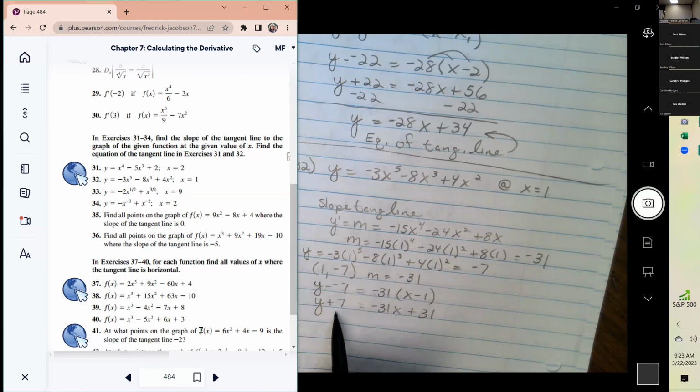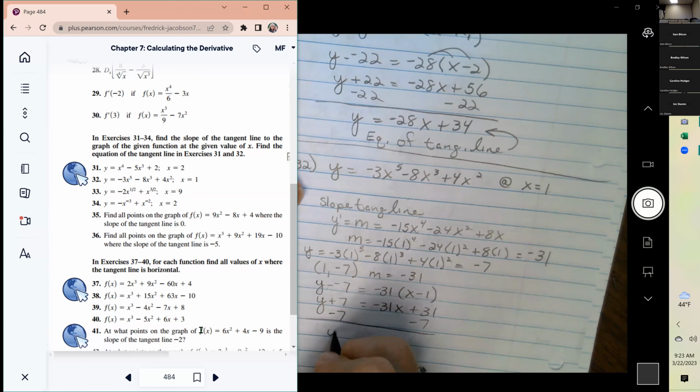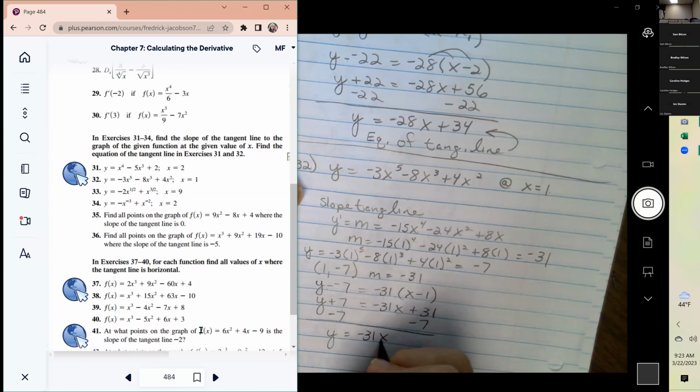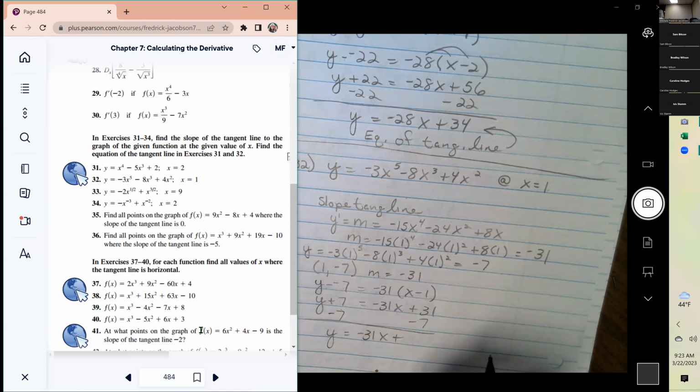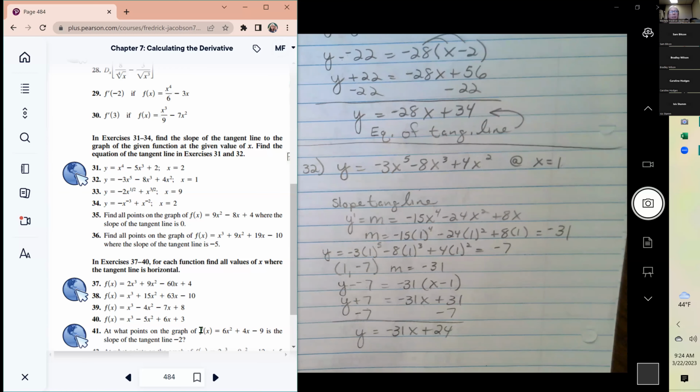And negative makes this a positive 7, so I subtract it to the other side. 24. Any questions? Okay.